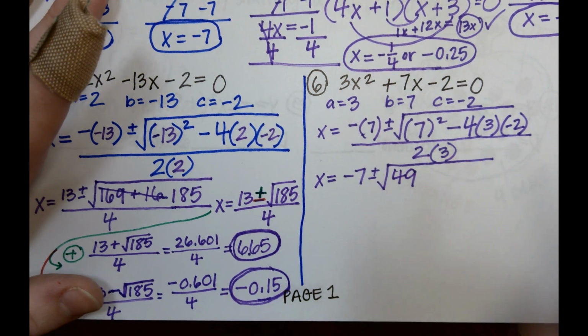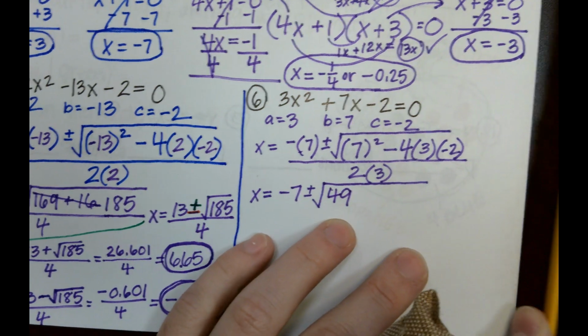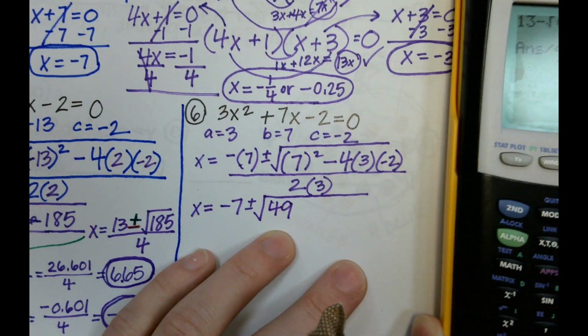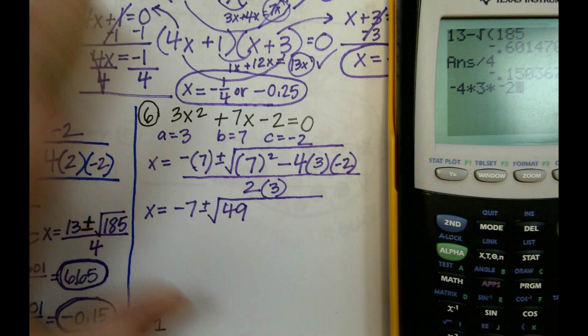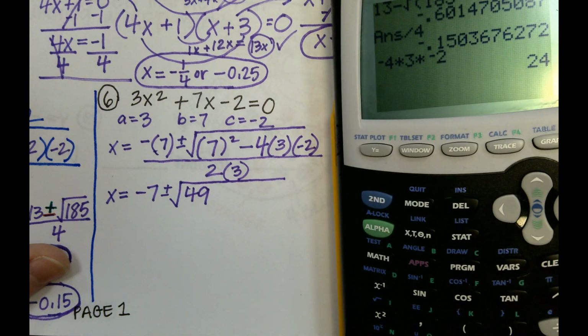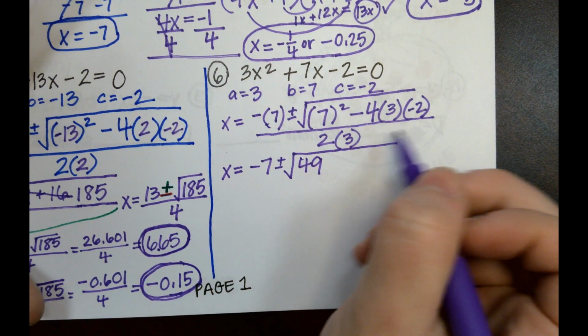And then, -4 times 3 times -2. It's 24. And is it positive or negative? Positive.